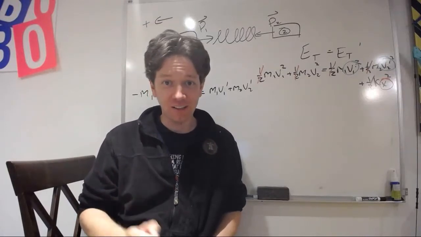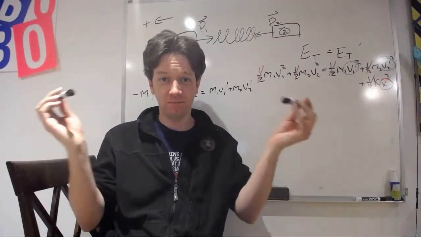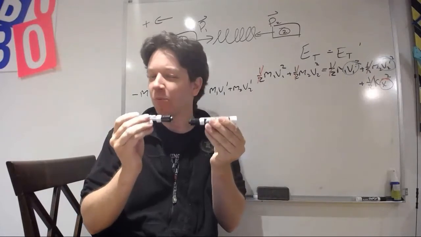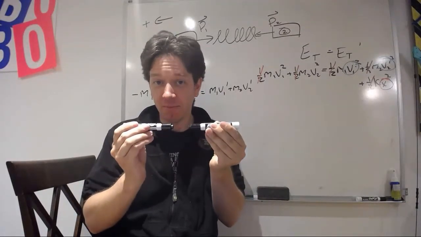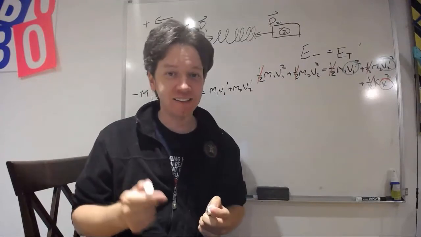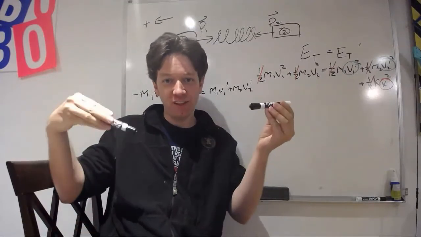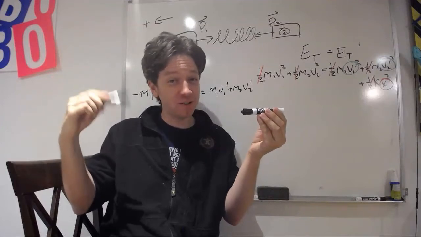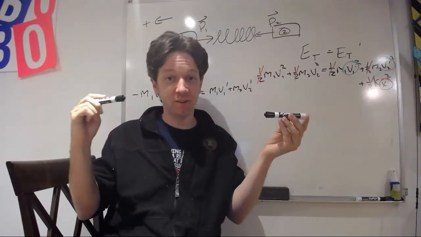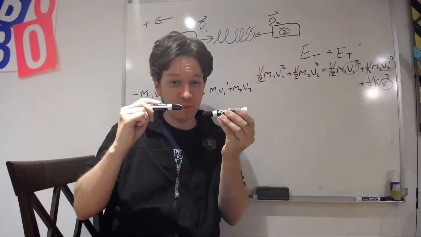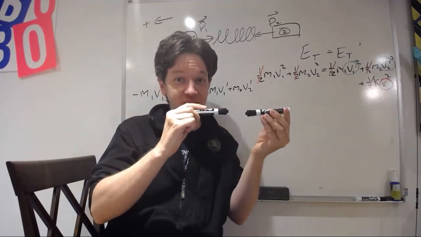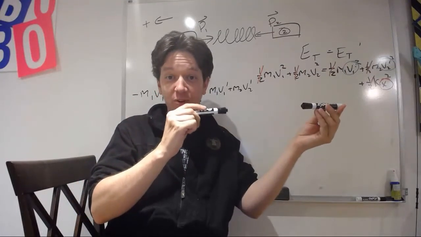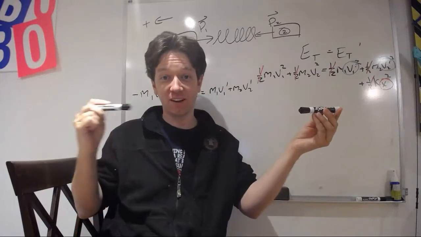What are their velocities when they come to a complete stop? 0. More importantly, the same. Now let's look at something where, let's say this one has a much greater momentum. If this one has a much greater momentum, it'll push more on the other one. So this will push more on the other one until this one starts moving back, before this one comes to a complete stop and then starts moving back.